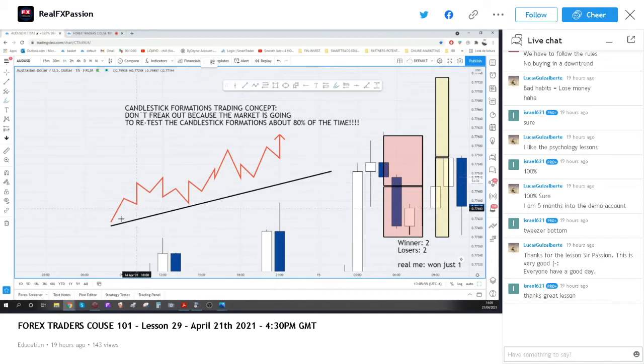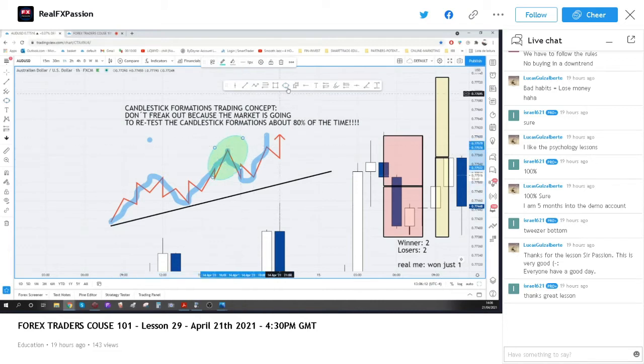And this is what is called extension, retracement, extension, retracement, extension. Okay? Inside the uptrend, we are going to have losing trades in here. Even though we are going to buy candlestick formations in an uptrend, this is where we are going to have losers.